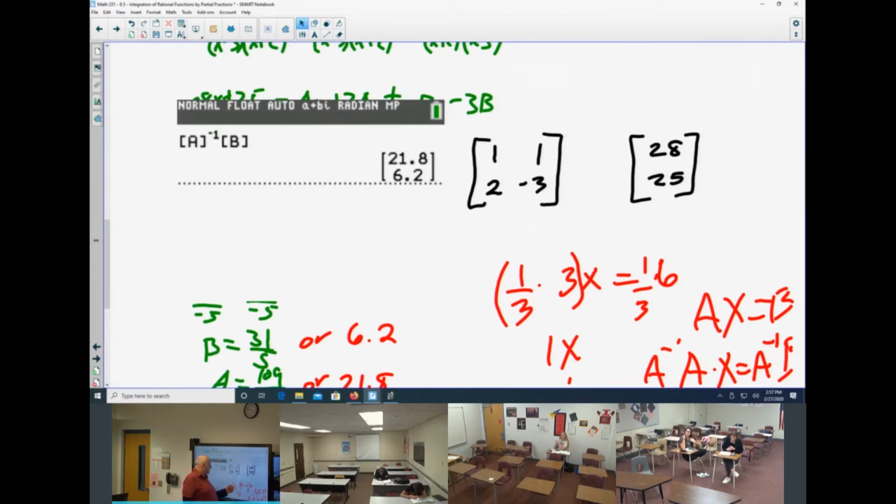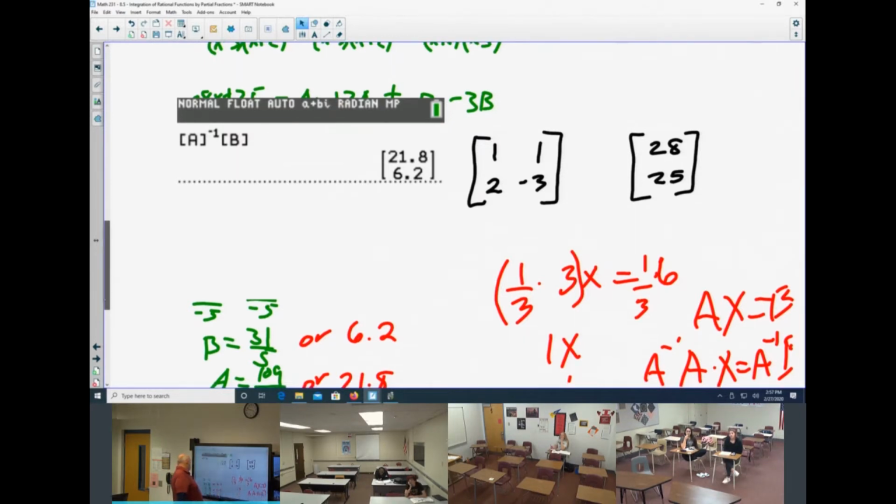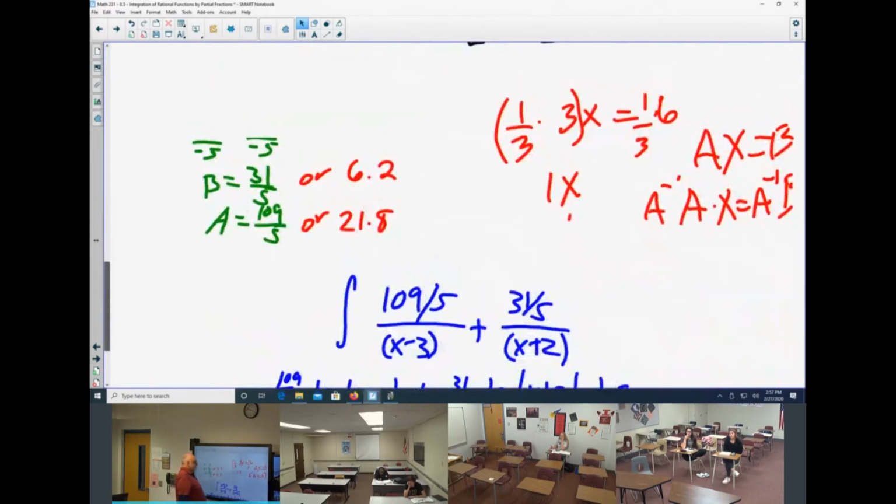And then 1/3 times 3 gives me the identity of 1. 1 times x is x. So the x, the solution, is the inverse of the matrix in front of it. So the inverse of A times B. And so then you would get x equals A inverse B.